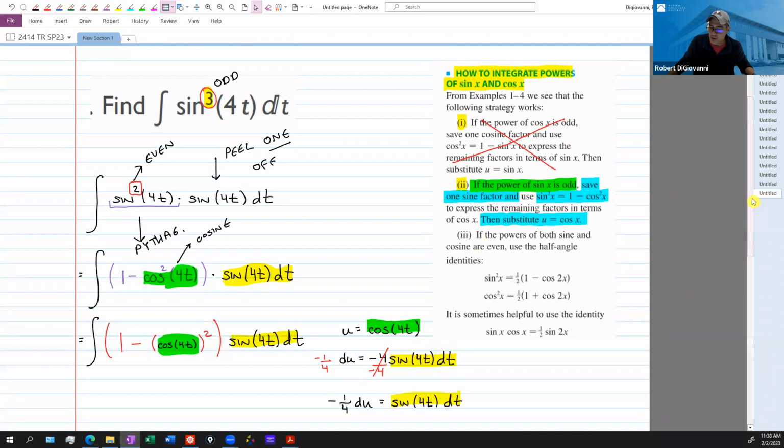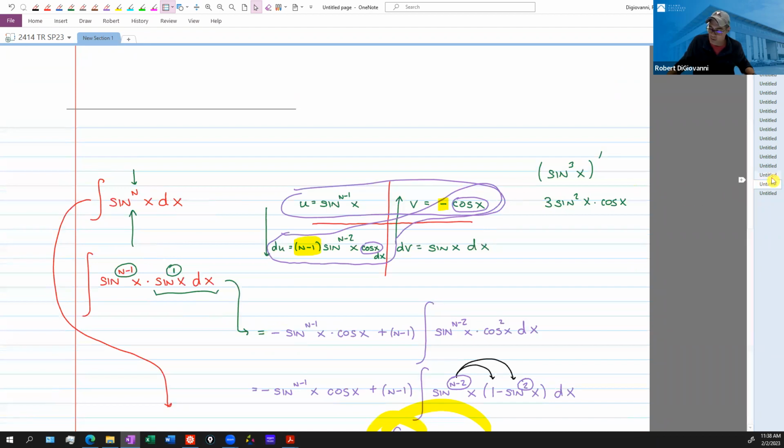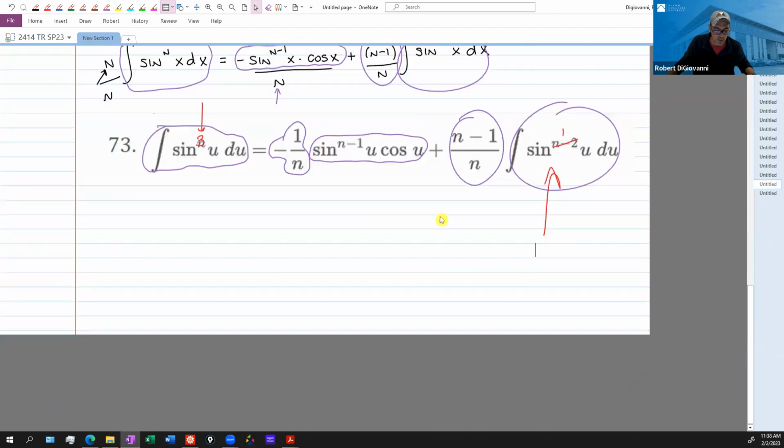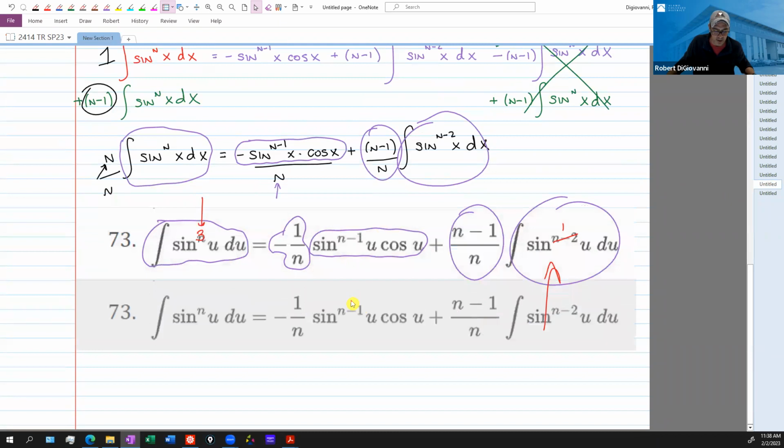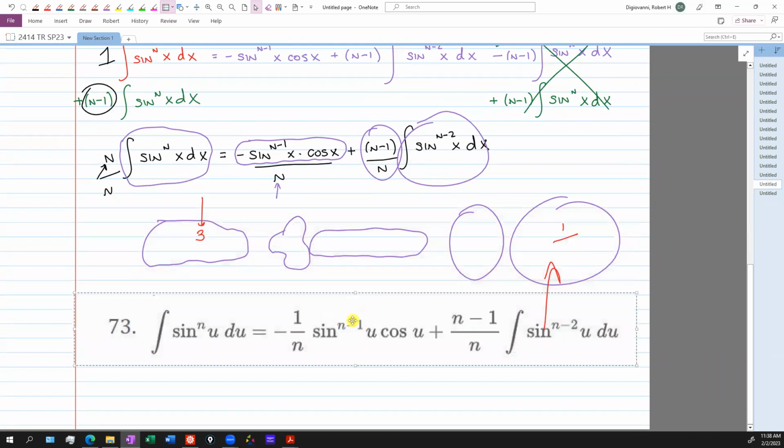Now, the reason I wouldn't do the other one, I think I was being asked, why wouldn't we use this? Well, I was just showing you where this formula 73 sitting in the back of the reference page comes from. That was just for a, hey, wow, that's kind of cool. You can use integration by parts to come up with a pretty cool formula.